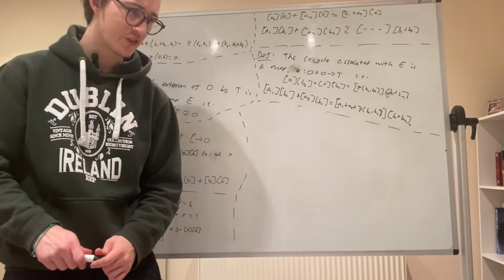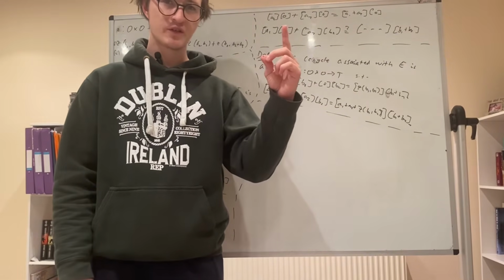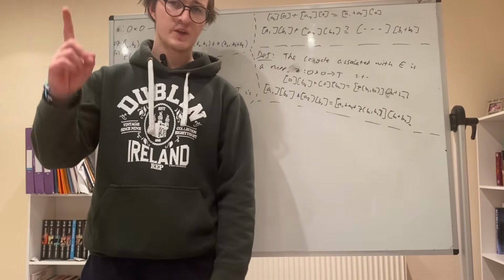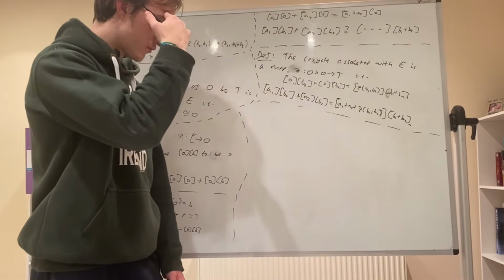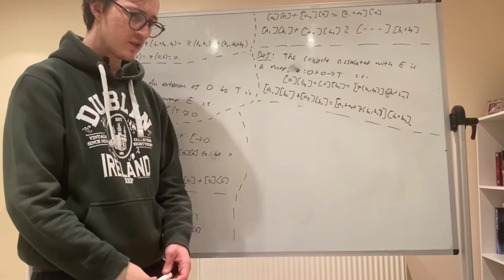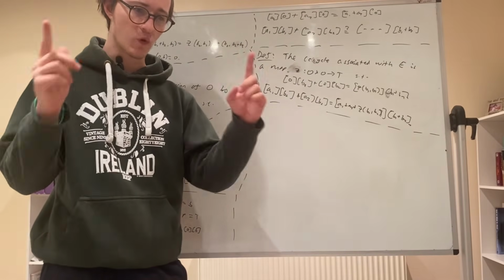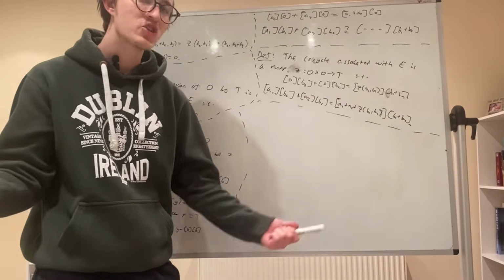So what I'm saying here is extension gives me a cocycle, but a cocycle also gives me an extension. So now the natural question is, is this correspondence one-to-one? Is it that these are in bijection?